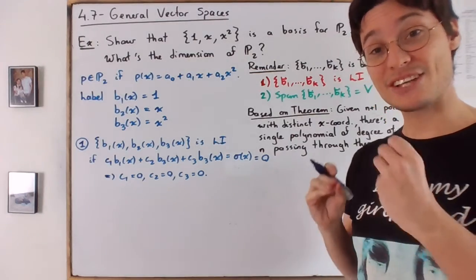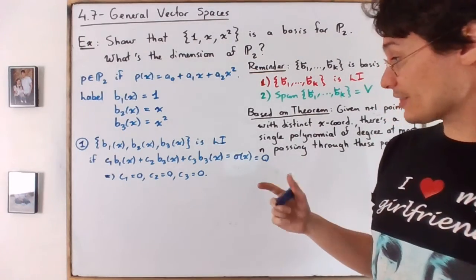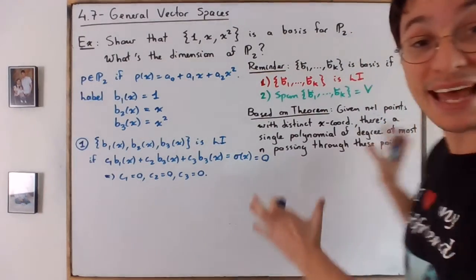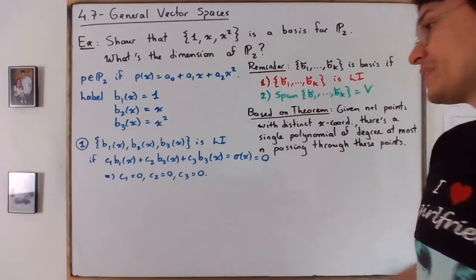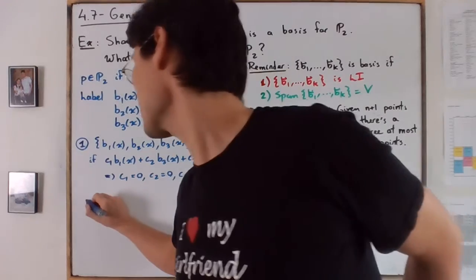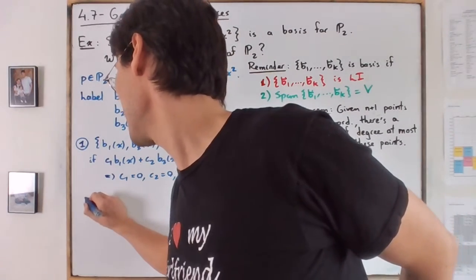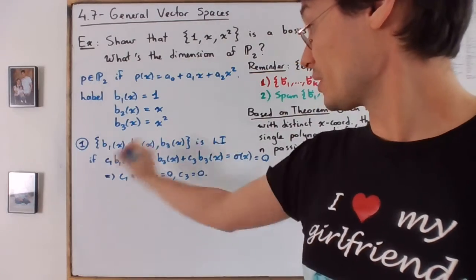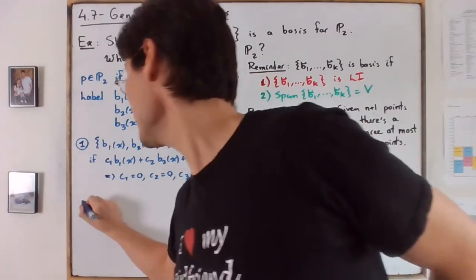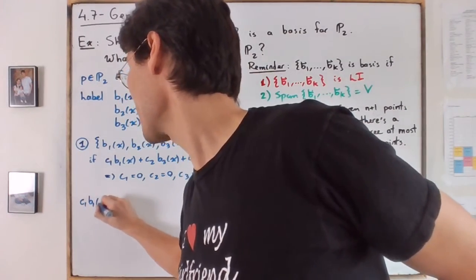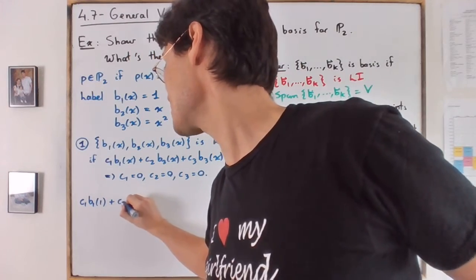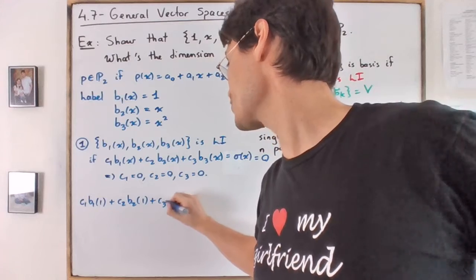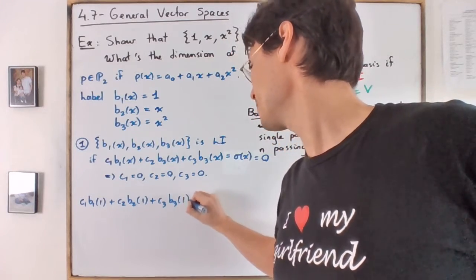The idea is actually quite simple. We're going to evaluate both sides at 3 different values of x, hence the connection with this theorem. This is a polynomial. Let's evaluate C1 B1(1) plus C2 B2(1) plus C3 B3(1).